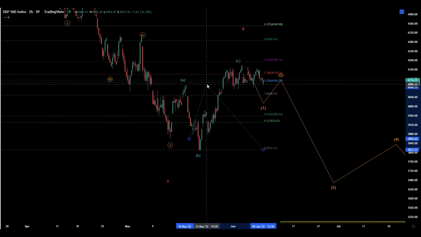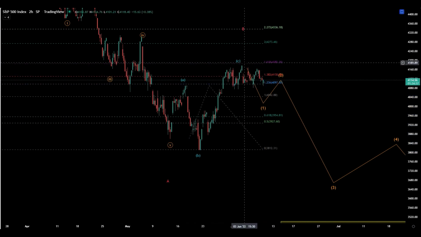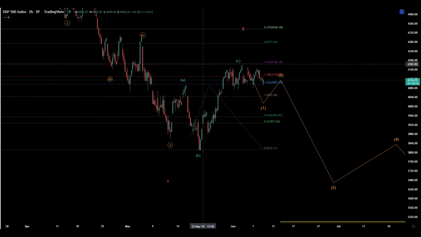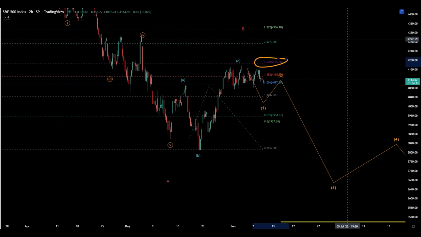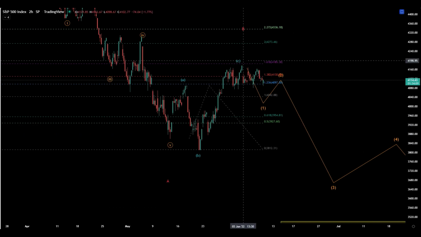Okay, here we go. I'm close. All right, then we get essentially very close to a 1.618 extension, which is very nice for a C wave. That's what we want to see in a C wave for an expanded flat, a 1.618 extension, and we got it.